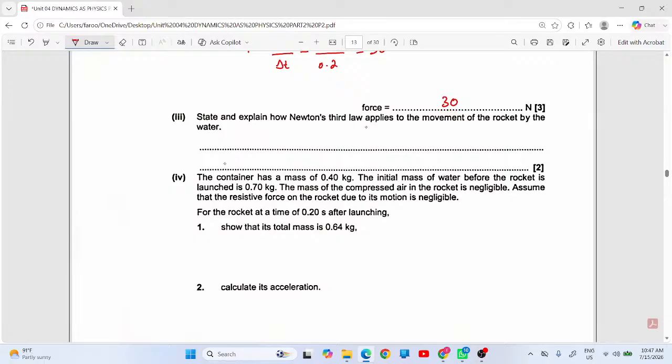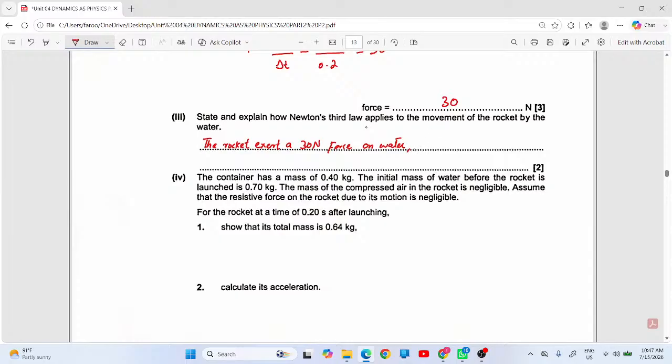We write: the rocket exerts a 30 newton force on water.